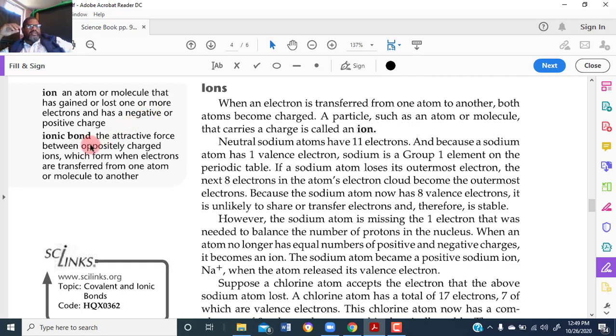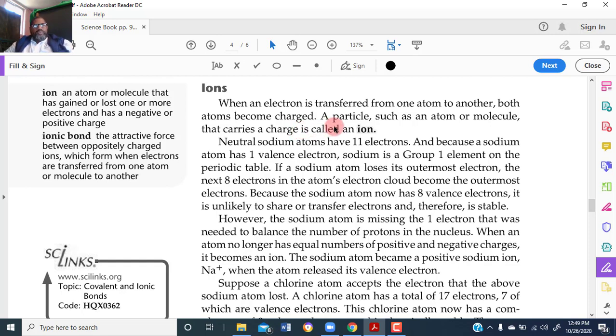Ionic bonds are the attractive force between oppositely charged ions, which form when electrons are transferred from one atom or molecule to another. So these ions can be positive or negative, and they will either attract or give up electrons.